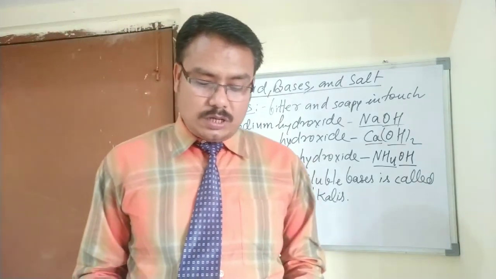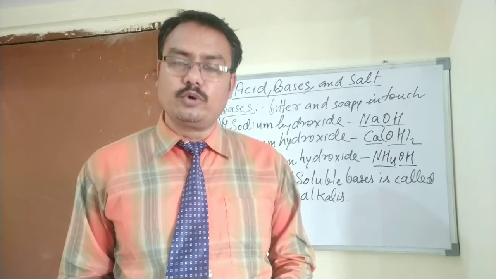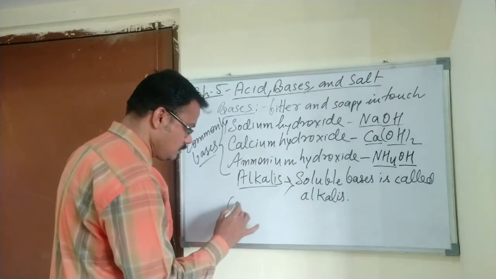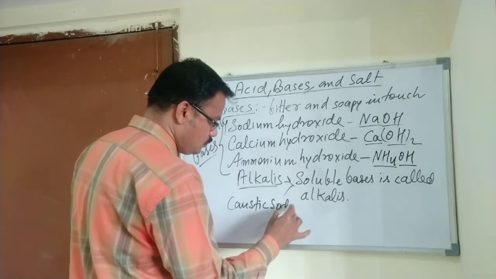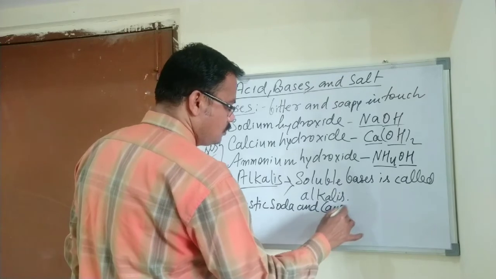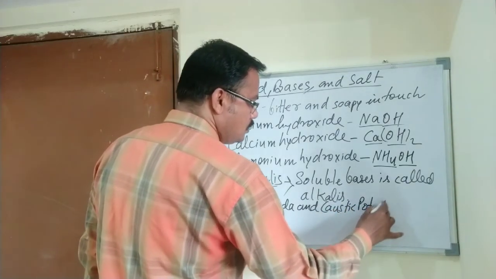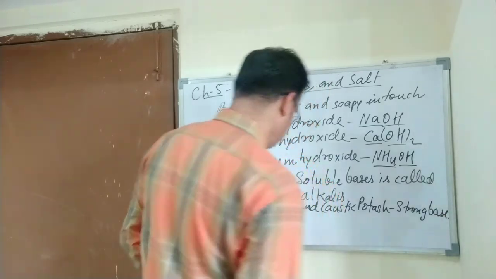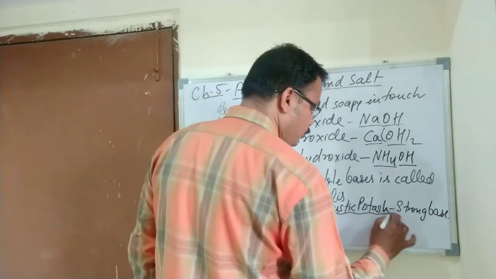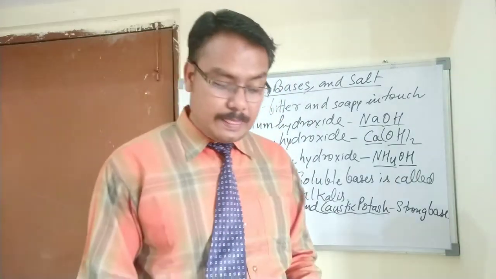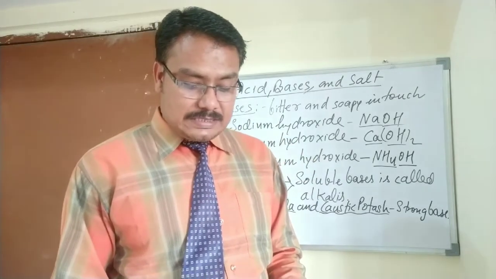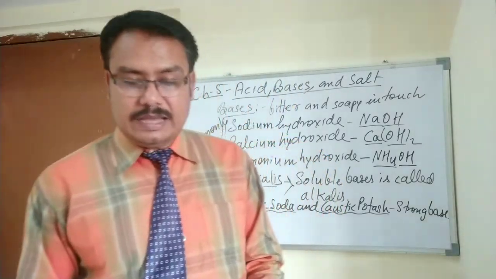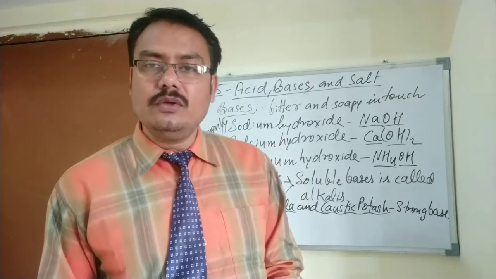Caustic soda and caustic potash are examples of strong bases. These are strong bases, while the less hydrolyzed ones, that is magnesium hydroxide and ammonium hydroxide, are not very soluble in water and naturally produce fewer hydroxide ions, and they are the weak bases.